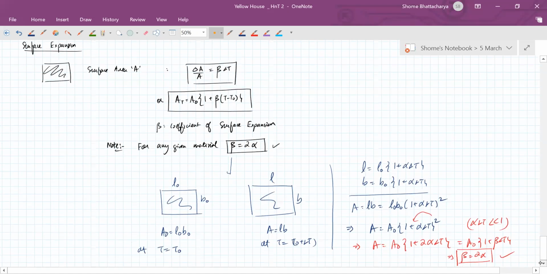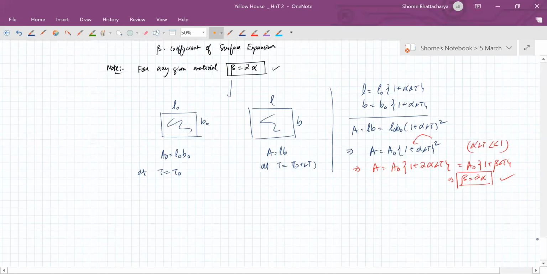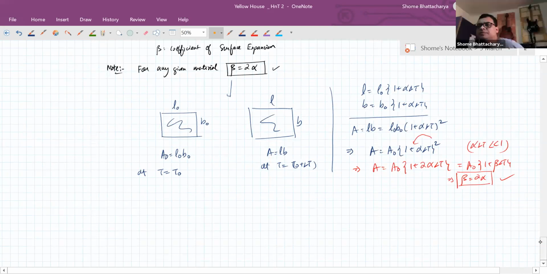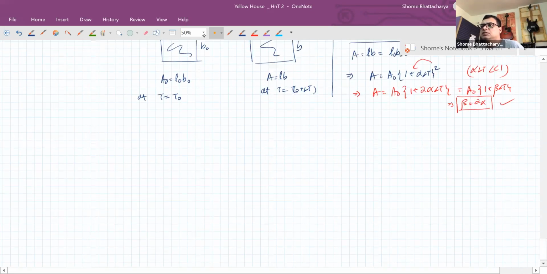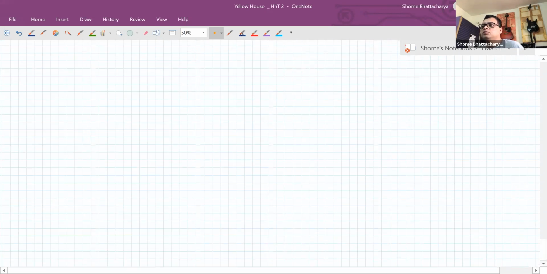Okay, so this is the concept of surface expansion. Now, likewise, the three-dimensional volume of an object also changes according to the principle of volume expansion.